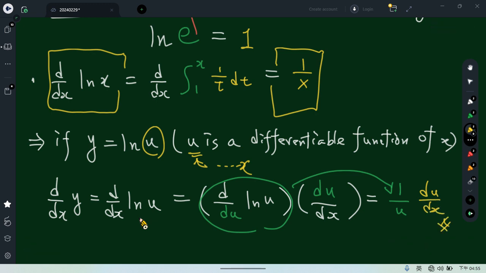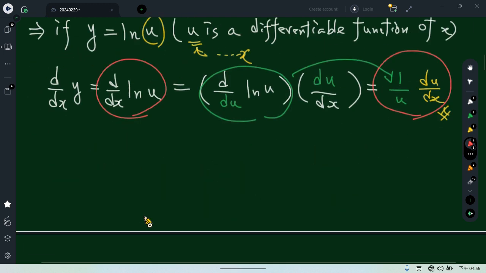In the special case when u is equal to x, dx over dx becomes 1, and you get the previous result back. So this result is more generic.